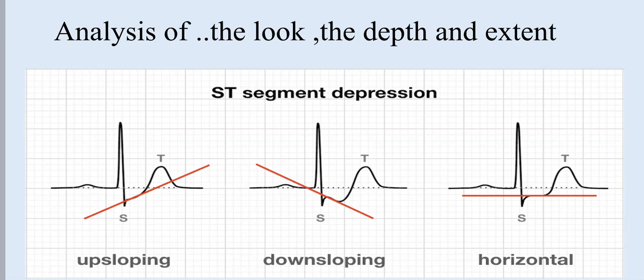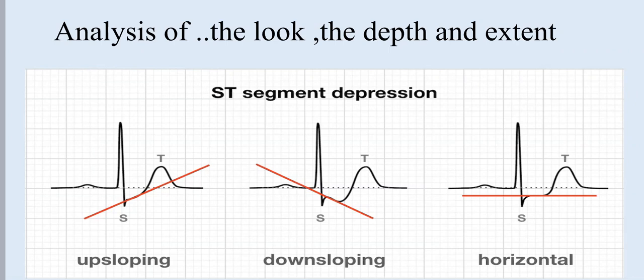Which one is the most specific of ischemia? Which one? Yes? Downsloping. Followed by? Horizontal. And last? Upsloping. Exactly.